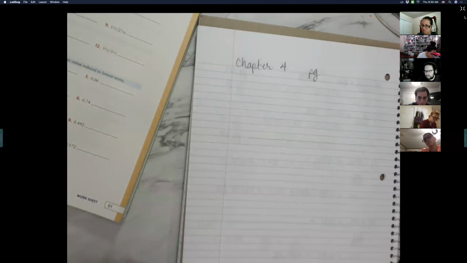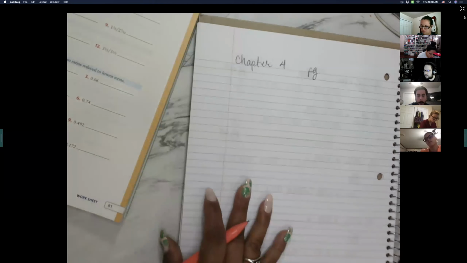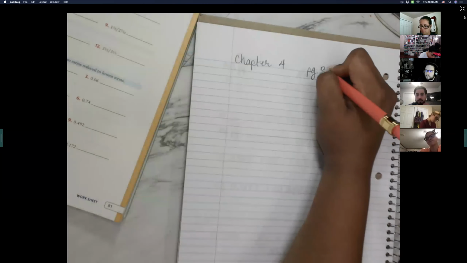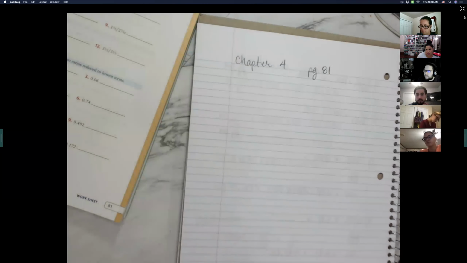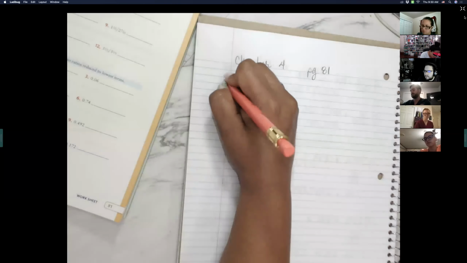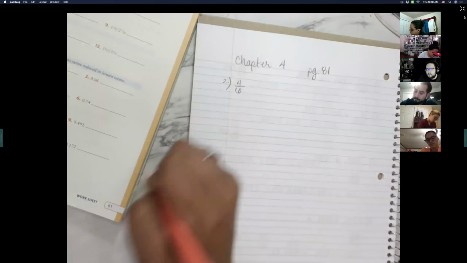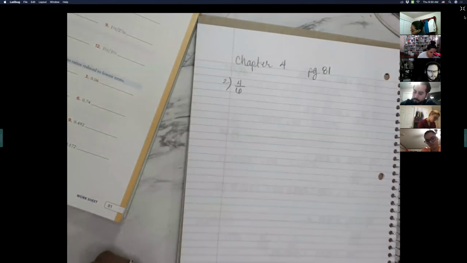Chapter 4 is covering ratios, and we're going to go over the worksheet on page 81. The first section is asking us to change our ratio of 4/6 to ratios reduced to the lowest terms, which basically means just reduce your fraction. What's your reduced fraction going to look like? 2/3. Yep.